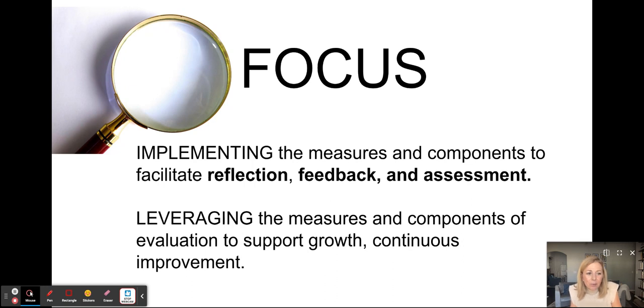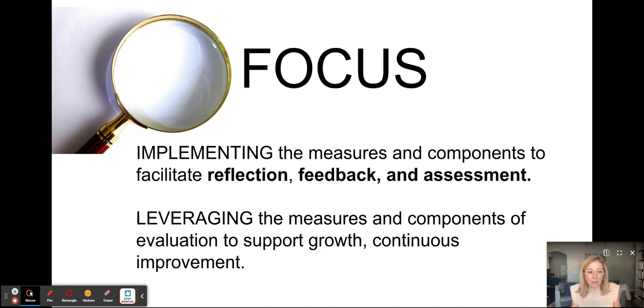This is very comparable to the classroom, and I like to use this analogy. When you think about students in the classroom, in order to learn and to build skills, students need feedback, and they need to reflect on their own learning. They need to be able to self-assess and get feedback from assessment from their teachers: where am I at in my knowledge and skills, and where do I need to go?